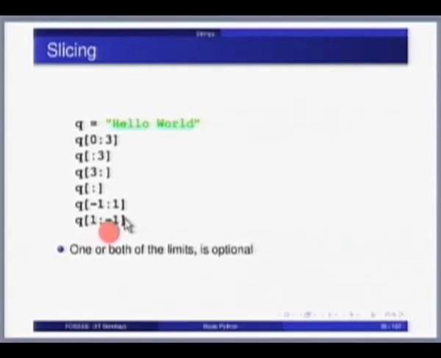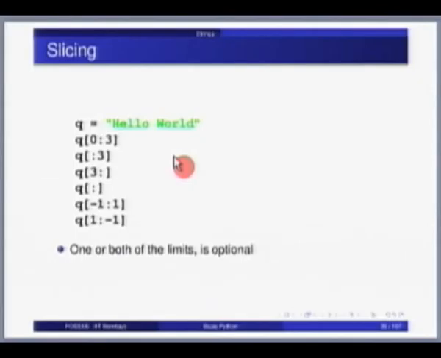The last 2 examples introduce negative indices in slicing. So the first question is Q of minus 1 colon 1, what should that give you? What is Q of minus 1? It means give me the last index. But what is this ending index? It means the ending index is 1.